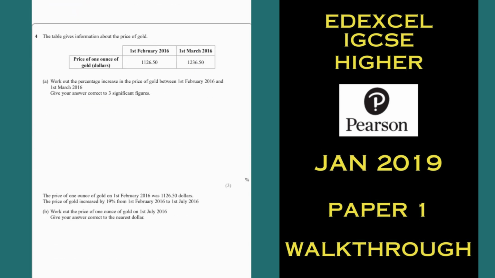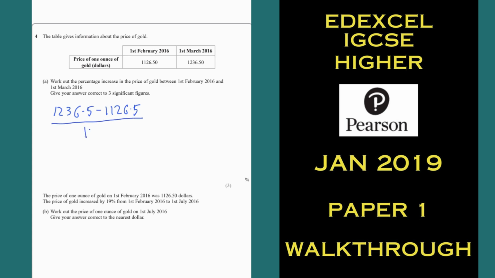So number 4, we've got percentage increase. Percentage increase, whatever you call it, there's various names for it. It means actual increase, which you find by subtracting the numbers. That gives you the actual increase.